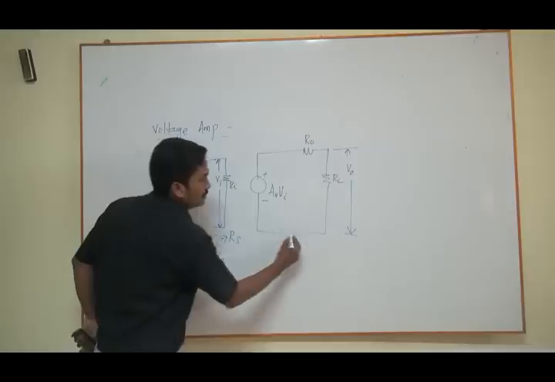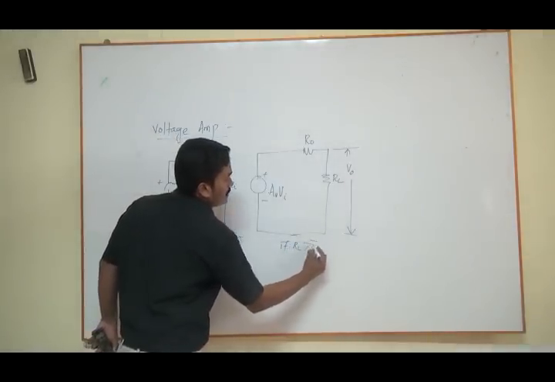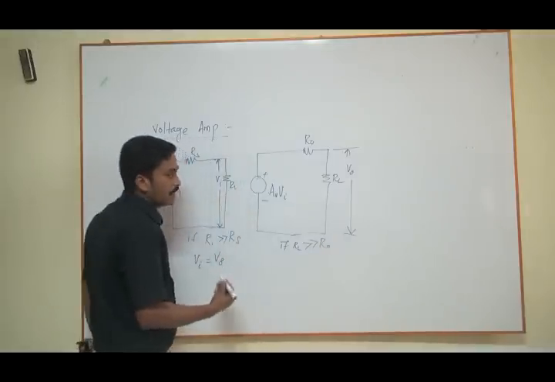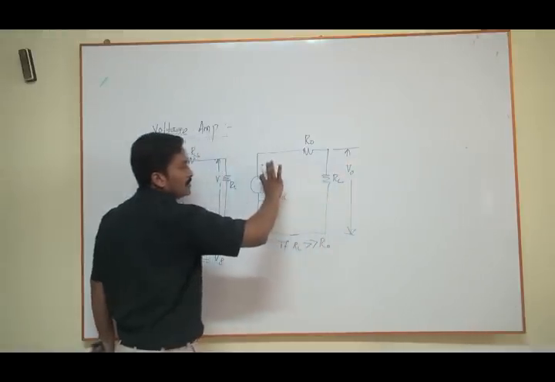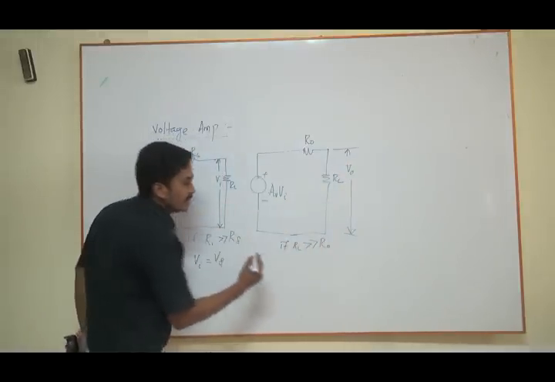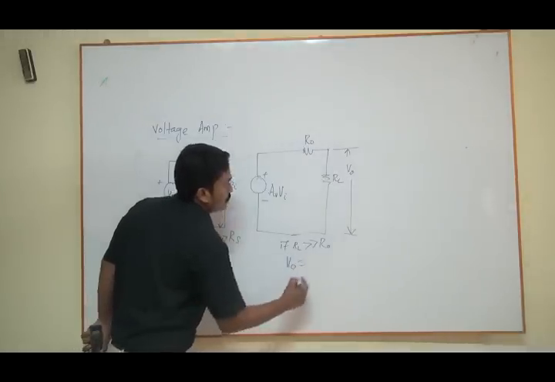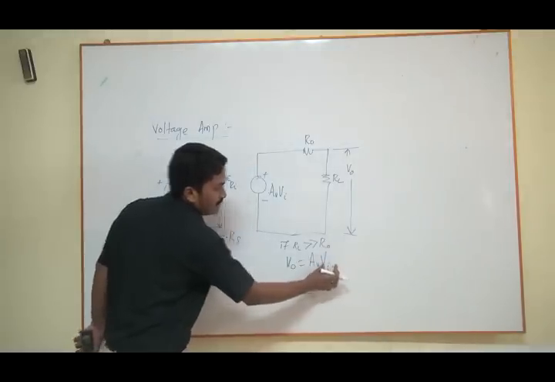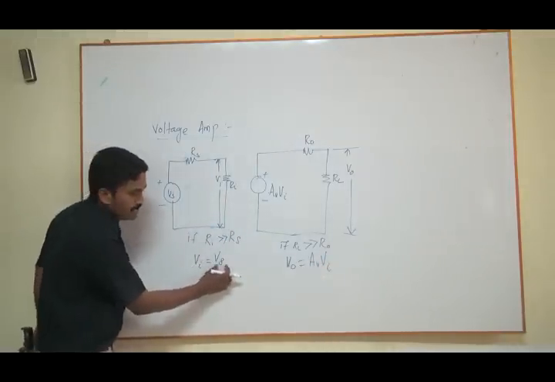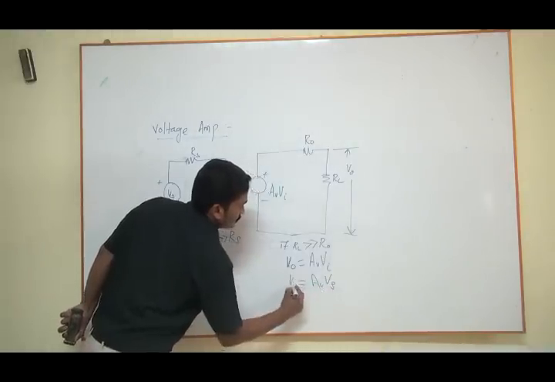Let us come over here to the output side circuit. If RL is much greater than R0, again, then what will happen? Your V0 is almost equal to AV Vi. So V0 is equal to AV Vi, and Vi is now equal to Vs, so it is equal to AV Vs.